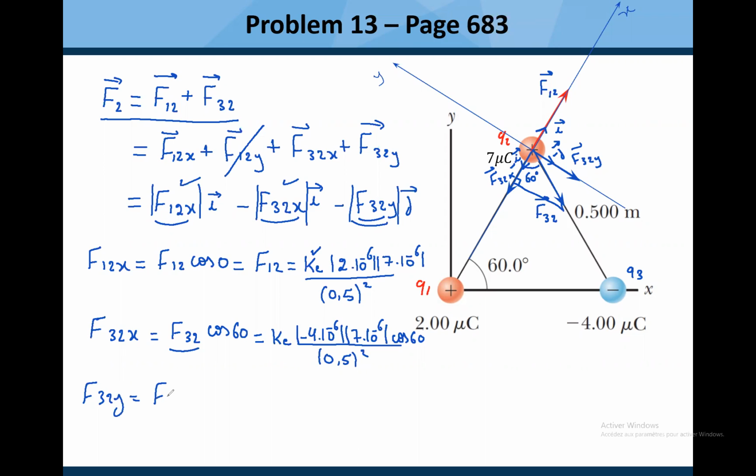So F32y equals F32 sine 60, which equals k e q3, with q3 equal to 4 times 10 to the minus 6 coulomb, times q2 equals 7 times 10 to the minus 6 coulomb, divided by the distance squared, 0.5 squared. So finally we can use this equation.